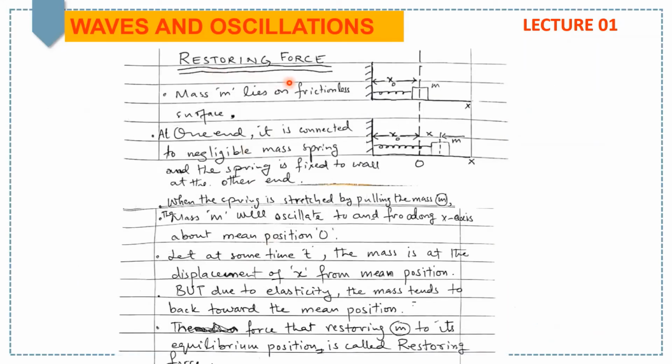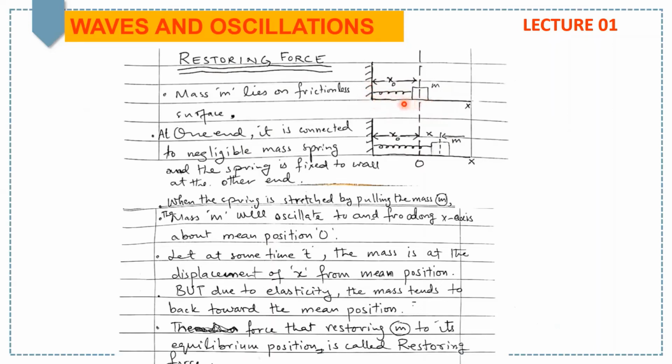Next, to understand the restoring force, let's have a look at this example where mass m is lying on a frictionless surface, and at one end it is connected to a negligible mass spring, and the spring is further fixed to a wall at one end.